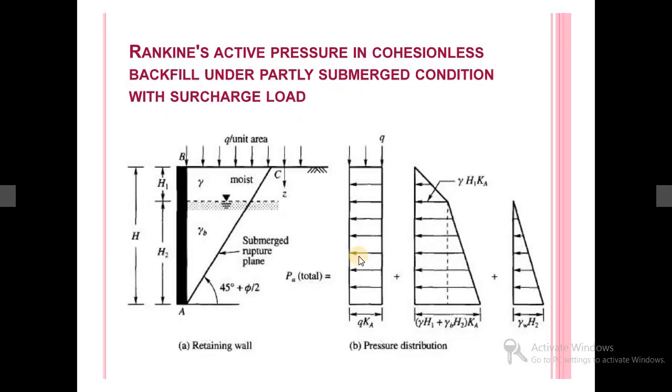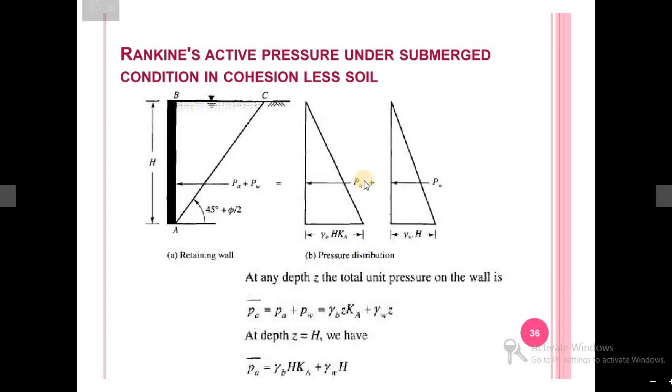Next case: here the backfill may be partially submerged also. Instead of the water table being at the top, coinciding with the ground level BC, it can be somewhere in between. In that case, it is called partially submerged under the water table.